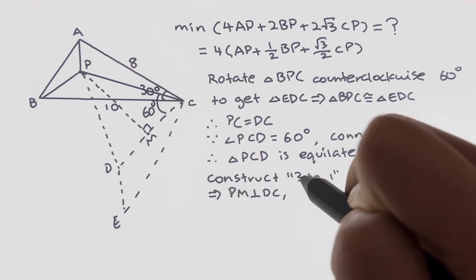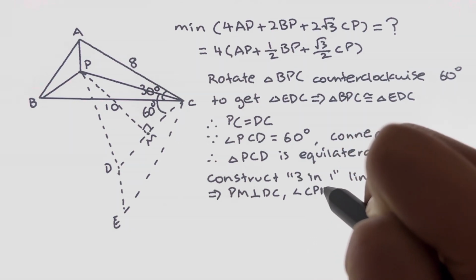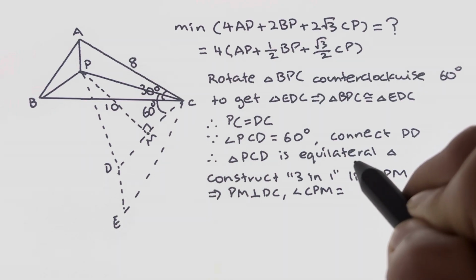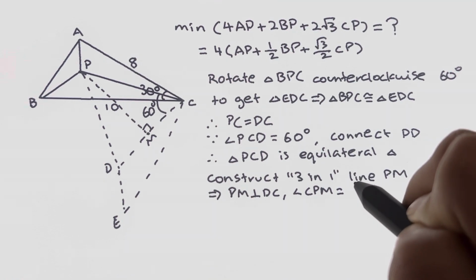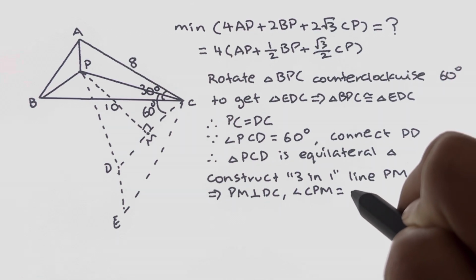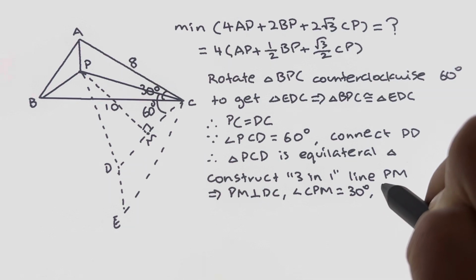And we also have angle CPM. Because of the angle bisector property, angle CPM is half of angle CPD, which is 60 degrees from the equilateral triangle. So this will equal 30 degrees. And also we have CM equals DM.